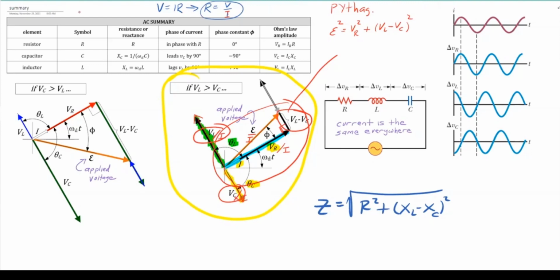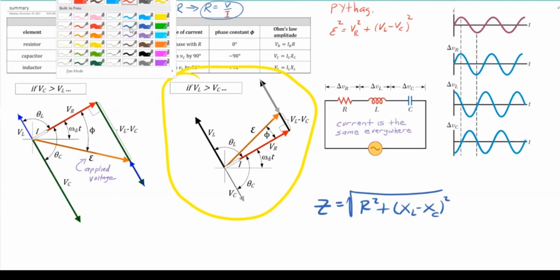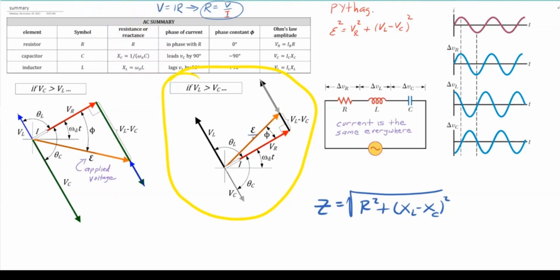So if I go through each one of those and divide through by capital letter I, I need to clear that clutter because that got kind of crazy. I'm dividing this value by current, this value by current, this value by current, and this value by current.